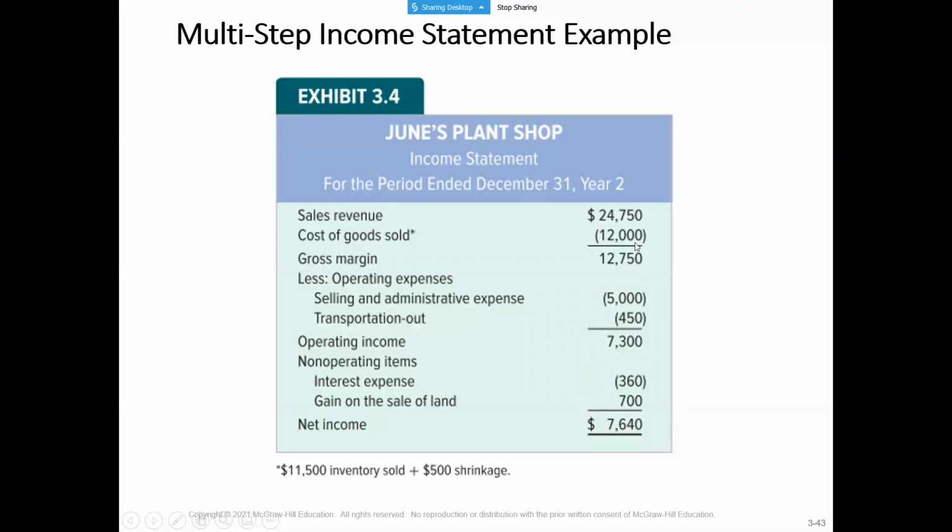So it's kind of taken away from operating income. This is not what our business is in the business of doing. This is more of, I don't want to say an extraordinary item, because that's used a little differently in the accounting world, but it's an unusual item, I'll put it that way. So we want to present that separately from the result of our operations.